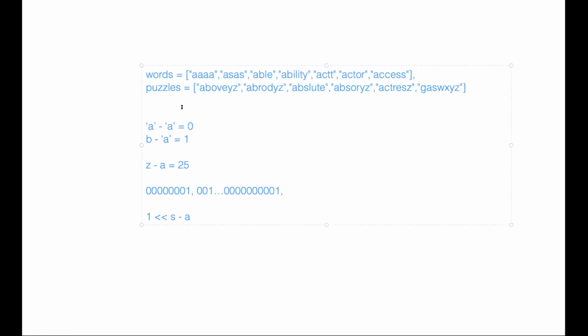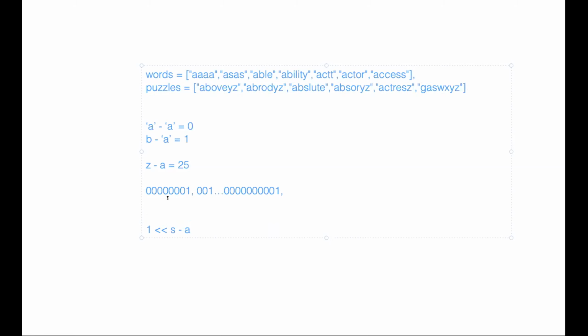Okay. Now I will do the same thing for the puzzles. So I will create another array of integers, constructed based on the logic I just explained. Similarly, I can do it for the puzzles.